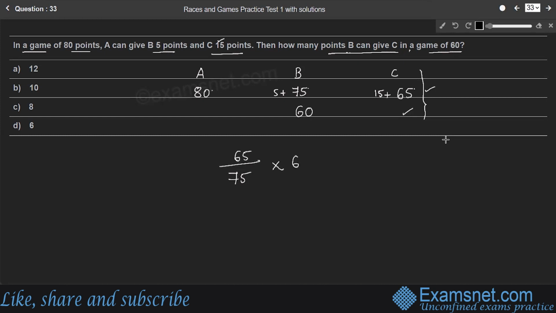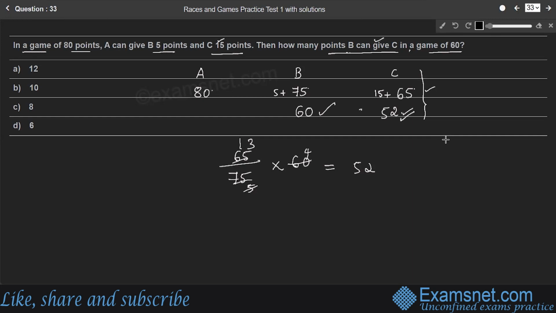Therefore, if B gets 60 points, what will be the score of C? 15 into 4, 15 into 5, and 5 into 13 is 65. So C gets 52 points if B gets 60, right? Therefore, how many points can B give C?